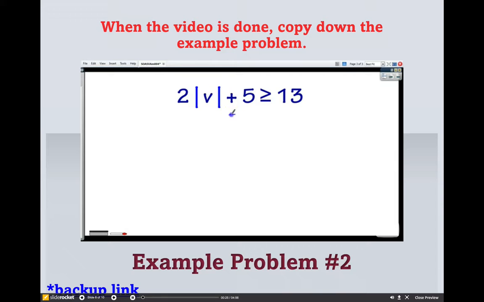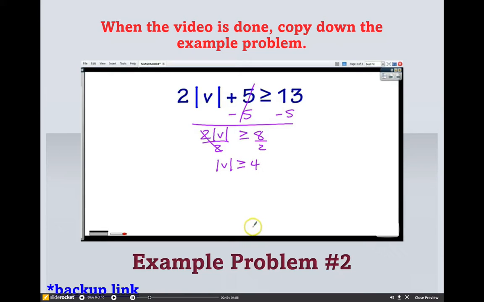In this case the plus 5, we undo it by subtracting 5. We get 2 times the absolute value of v, these cancel out, is greater than or equal to 8. Then we get rid of this times 2 by dividing by 2, and we get the absolute value of v is greater than or equal to 4.